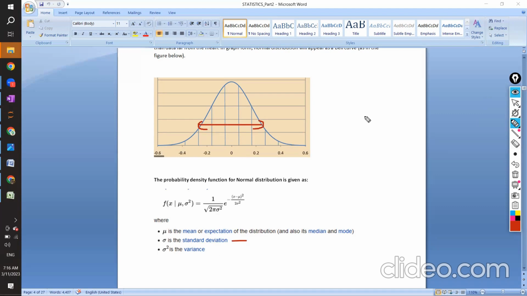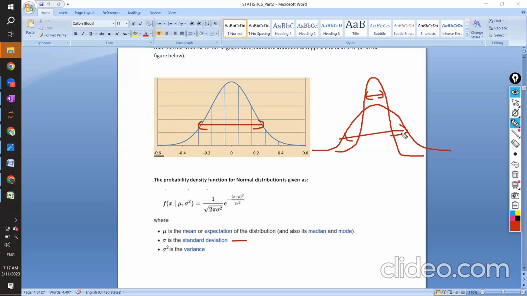If the standard deviation is high, you will have a very fat distribution because the spread is more. Fine. If the standard deviation is low, you will have a thin, peaked distribution because the spread is less. Because in the first case, there are not many values around the mean.